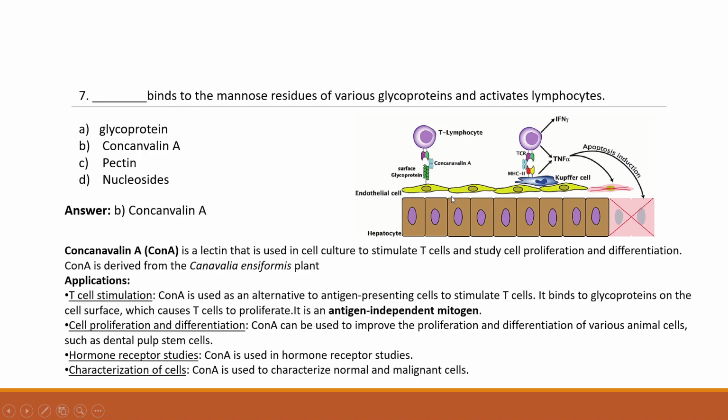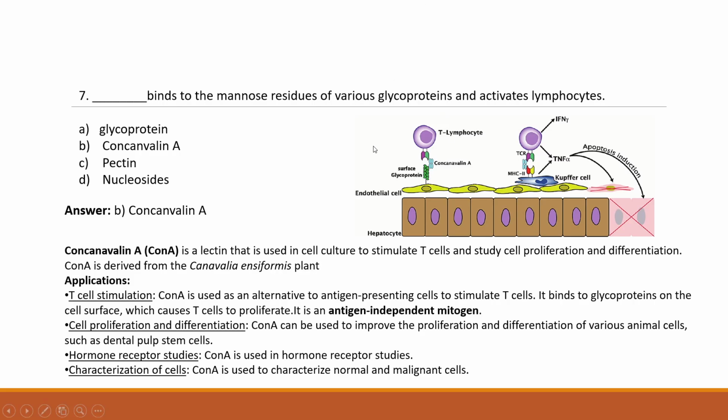It may be some cancerous cell or some other cell which is not supposed to be there, some injured cells where your immune system has to act now. So if you inject concanavalin to your animal model, it will go and attach to this glycoprotein surface, and then it will signal your T cell to come and identify this as foreign and show some immune response to it.